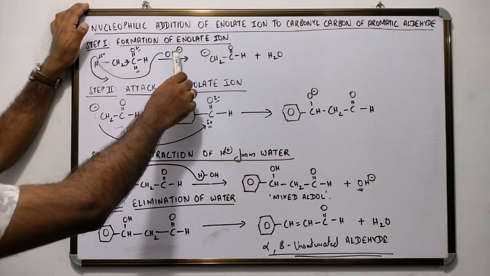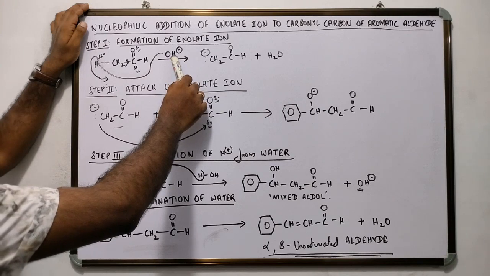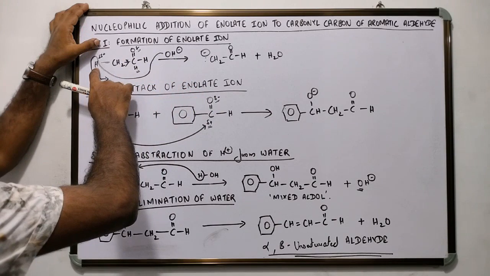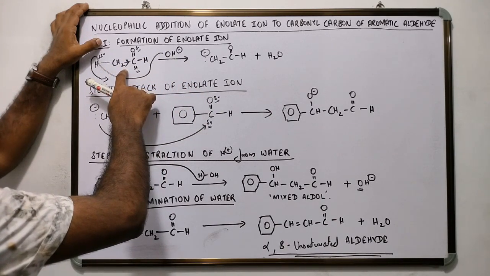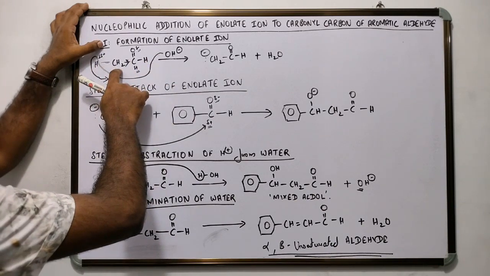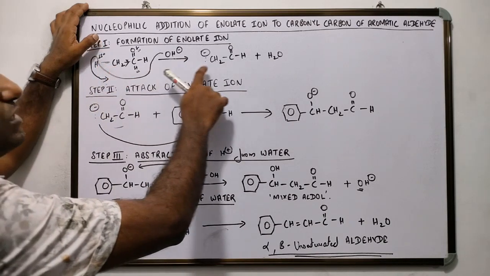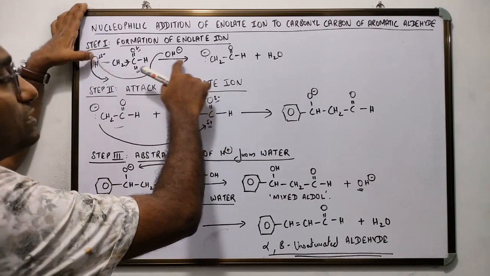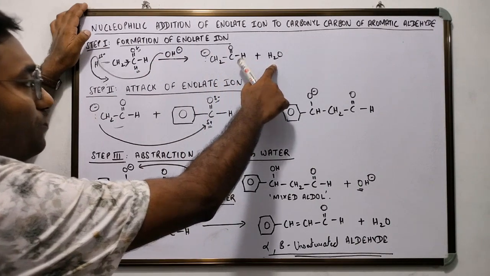The OH minus that dissociates from NaOH now attacks and knocks out an alpha hydrogen atom from aliphatic aldehyde, which is acetaldehyde in this case. When it knocks out a H from this molecule, it leaves its electron pair, resulting in the formation of an enolate ion. The dissociated H plus now combines with OH minus to form H2O.